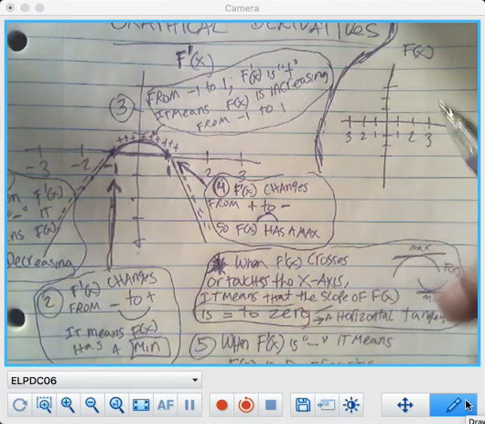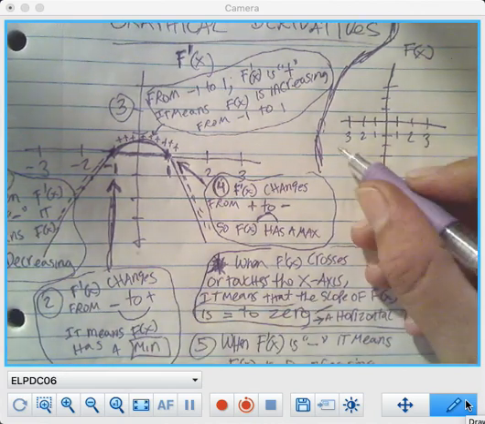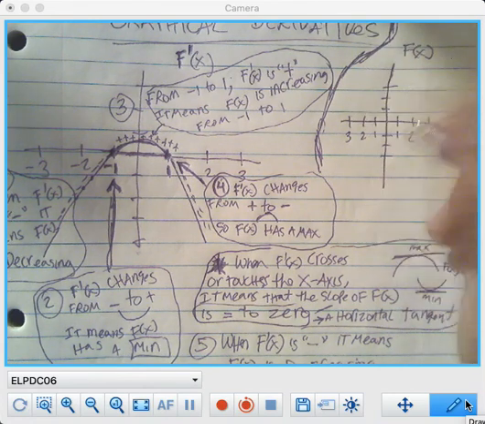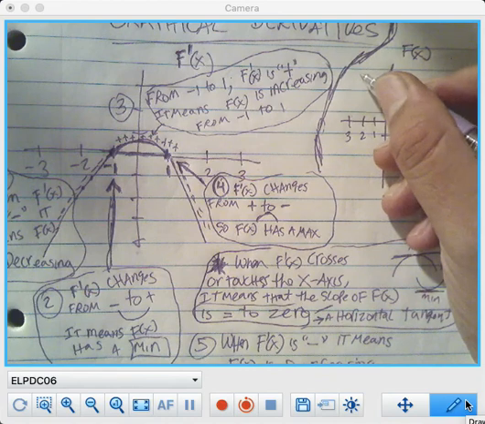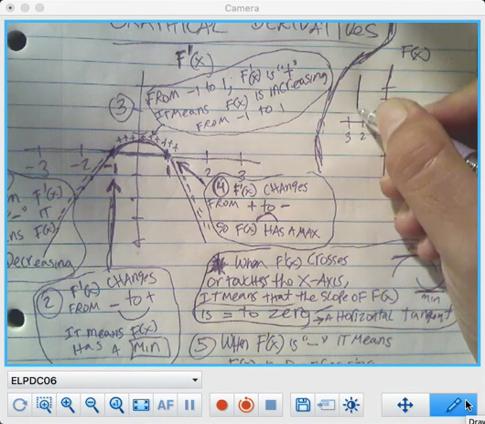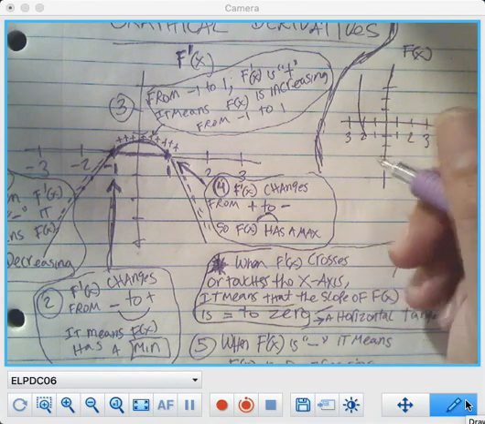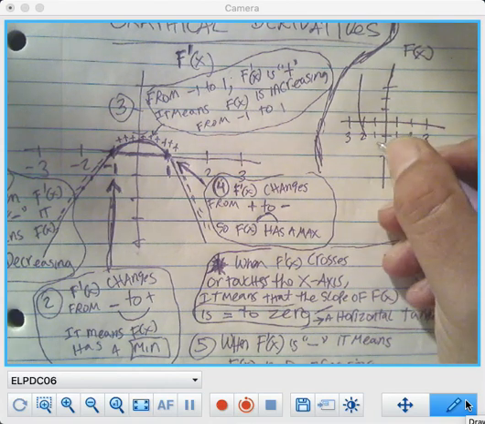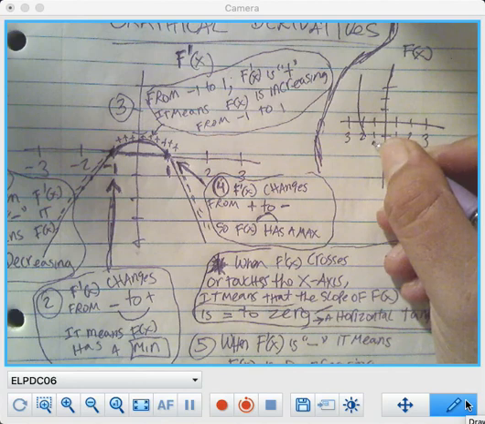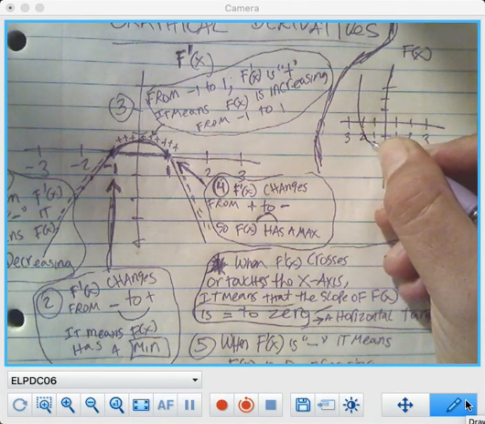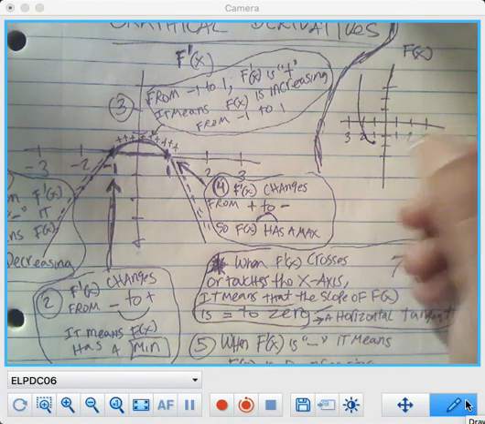When the derivative is negative, that means the slope is coming down. So I'm going to go here, come down, and then put a dot right here.